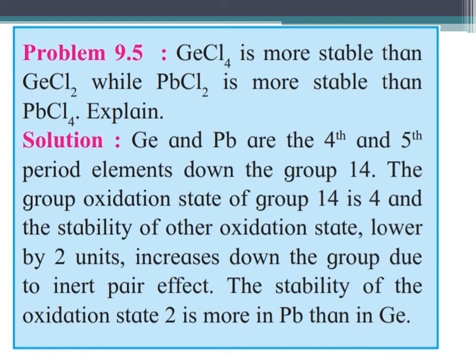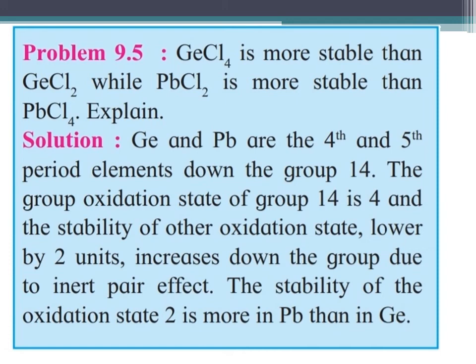If we talk about germanium dichloride, germanium is having +2 charge. In lead dichloride, lead is having +2 charge, and in lead tetrachloride, lead is having +4 charge. We know that the inert pair effect increases down the group. That is why the lower oxidation state will be more stable.